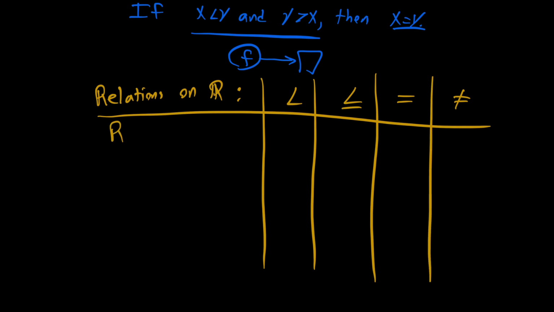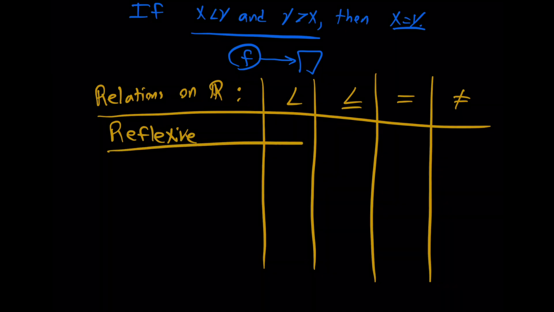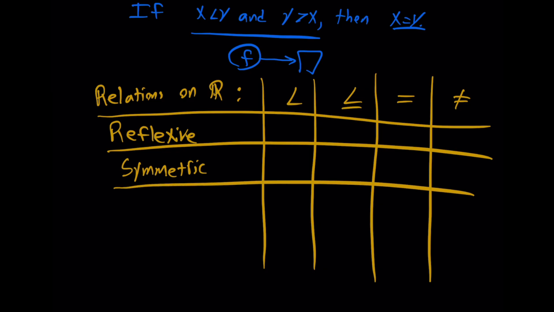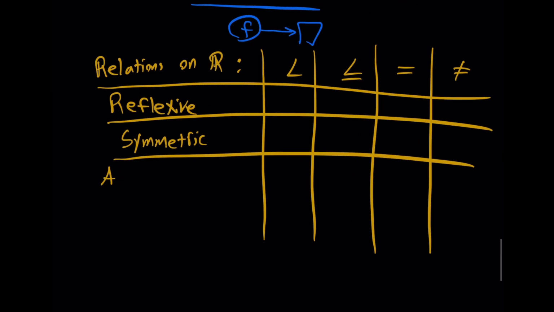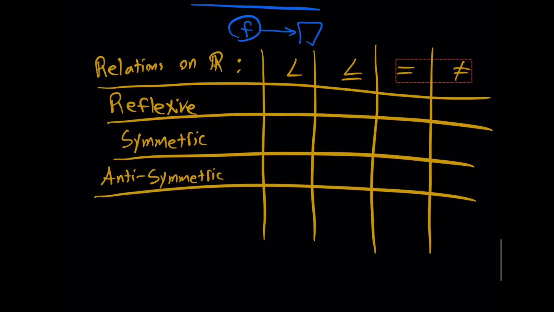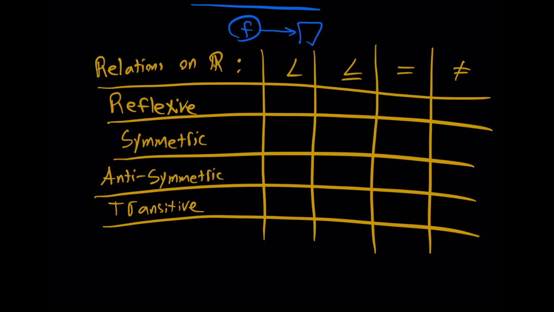What's reflexive? What is symmetric? What is anti-symmetric? What is transitive? And what is an equivalence relation?